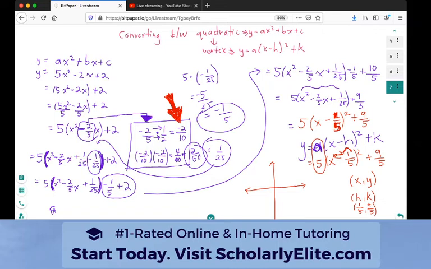Okay, so that means that we've got a graph that looks something like this. It's positive 1 over 5, which is 0.2. Say that this is 1, and this is 2, and this is 3, and this is negative 1, negative 2, and negative 3. So here we would have our vertex at approximately 0.2 and 9 over 5, which is 1.8.